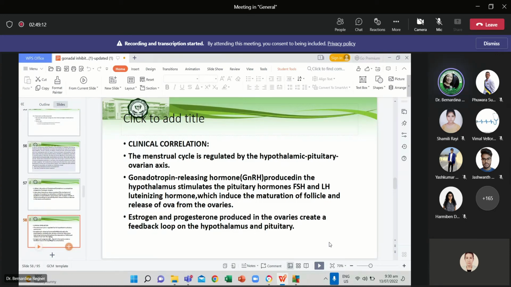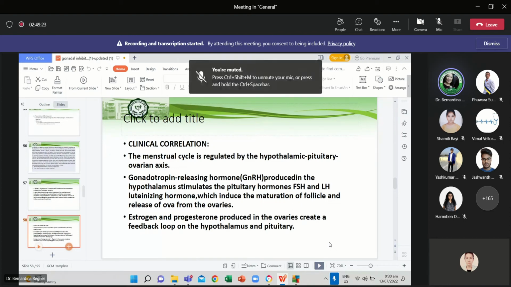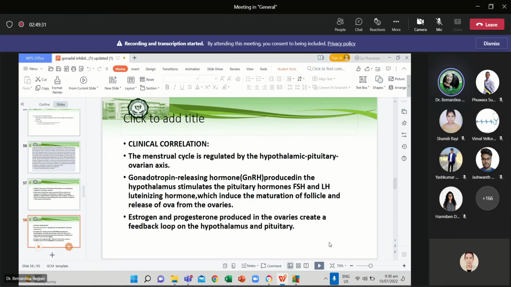FSH and LH, which will now induce, in the case of FSH, maturation of your follicles from a primary follicle to a secondary follicle to a mature Graafian follicle, and then release of the ova from the ovaries by the luteinizing hormone surge. Did you understand that? So there will be release of a mature Graafian follicle from the ovary. So estrogen and progesterone produced in the ovaries will create a feedback loop on the hypothalamus and pituitary. So pause with that.